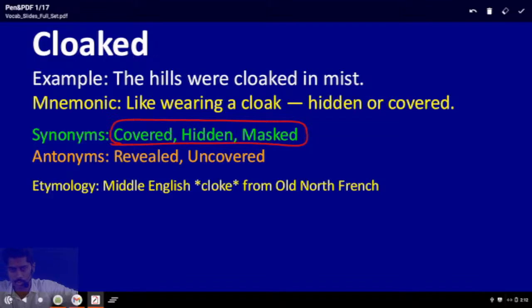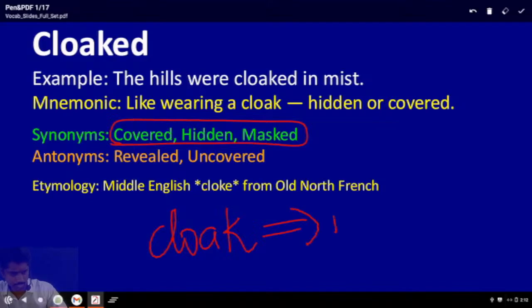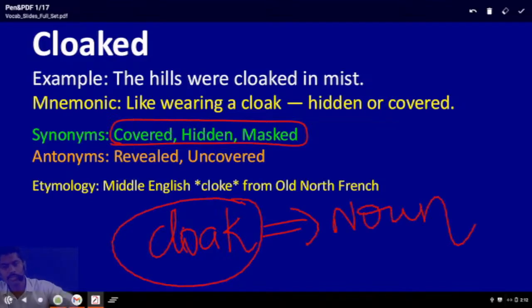The hills were cloaked in mist. If I am taking cloak as a noun, it is a kind of covering or a dress. And here, cloaked is a verb; it is covered, hidden, masked.